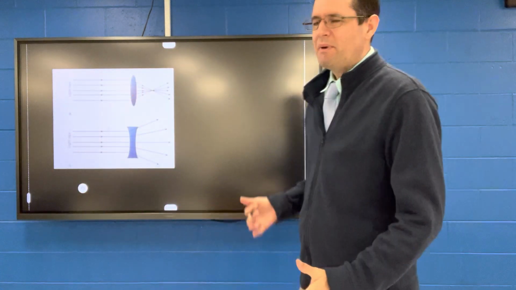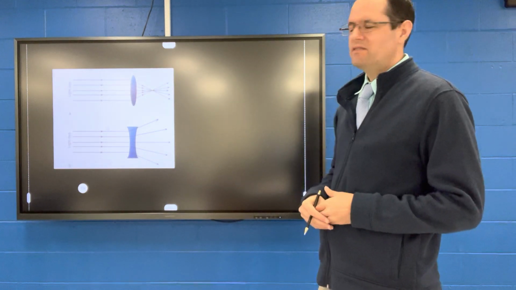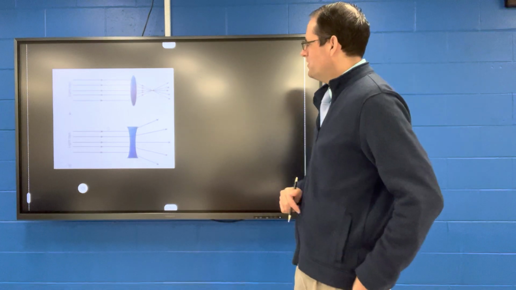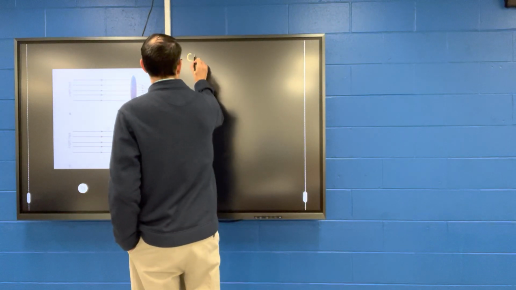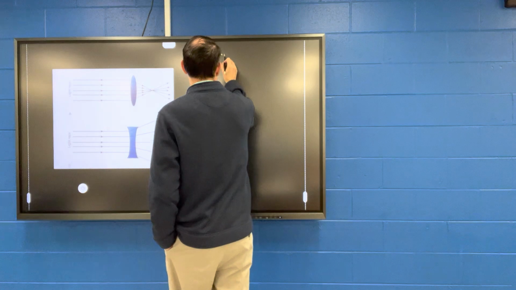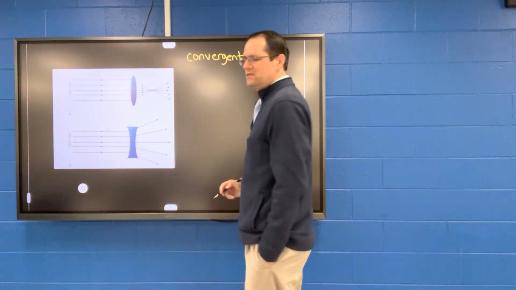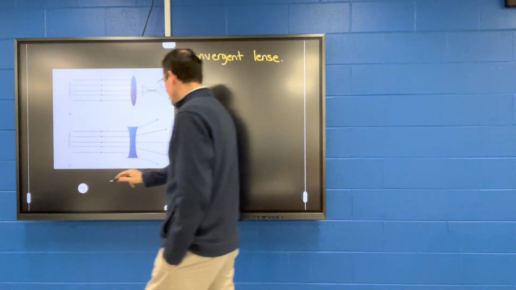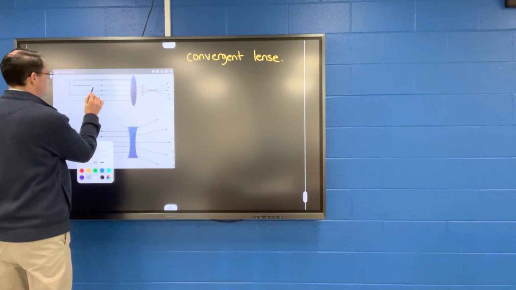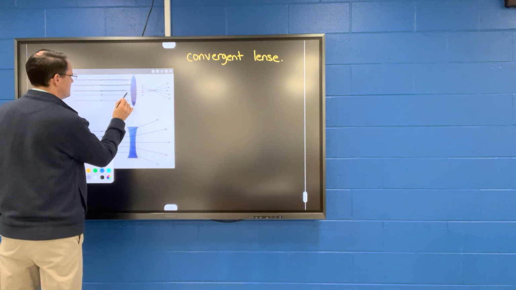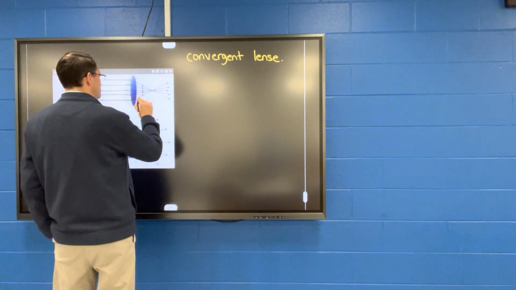These are the two main types of ray diagrams for the couple types of lenses I want to talk about, okay? Up here in the top, we have a convergent lens. This is called a convergent lens because light rays that strike the lens in a parallel fashion like this are all bent and focused to a single point.